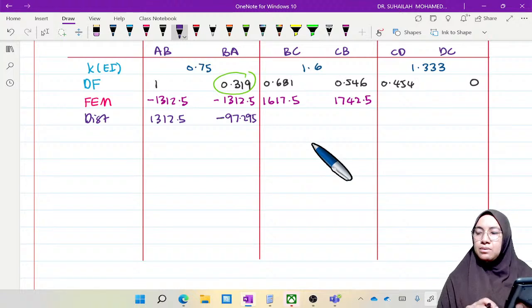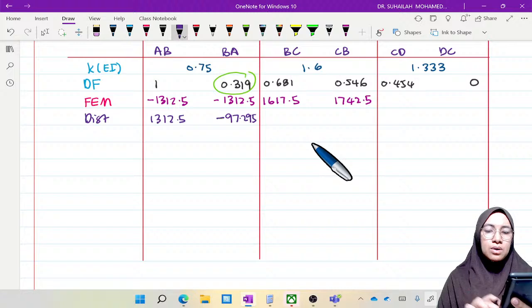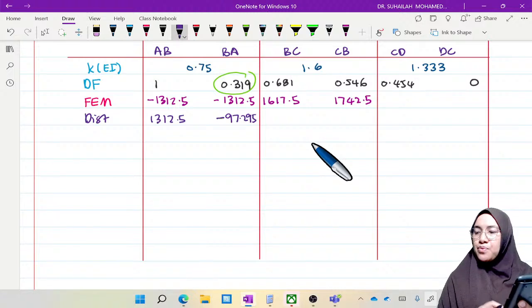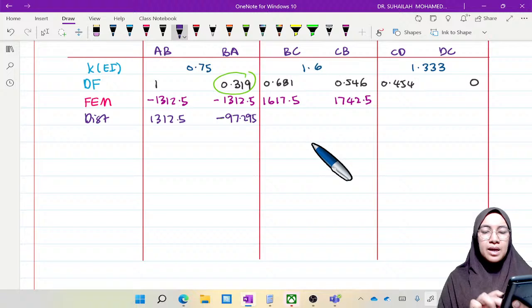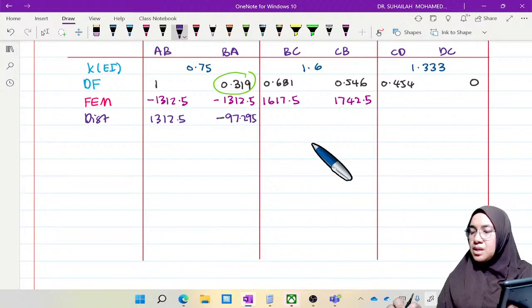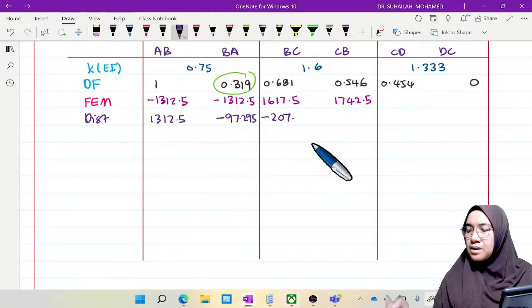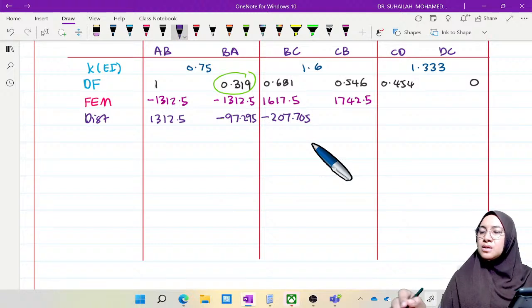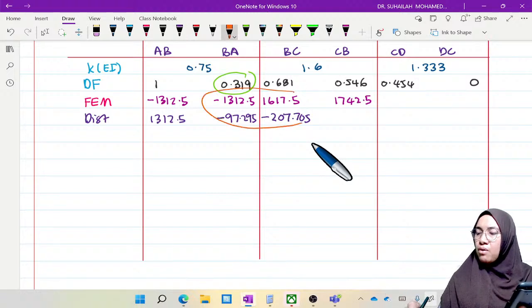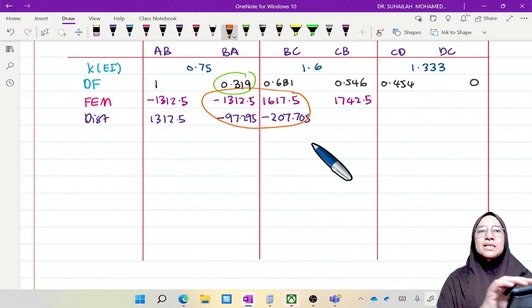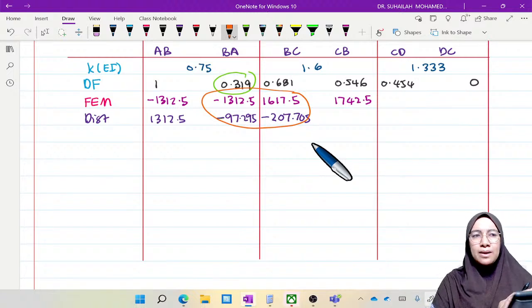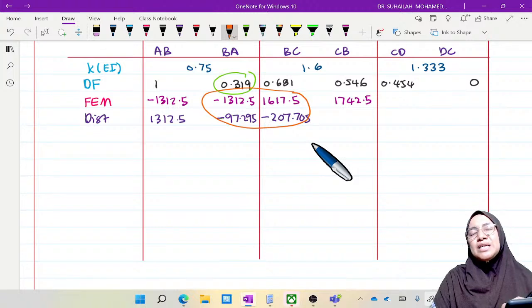Again, 1312.5 minus 1617.5, which is negative 305, times 0.681. So it is negative 207.705. The total of these four must equal 0.